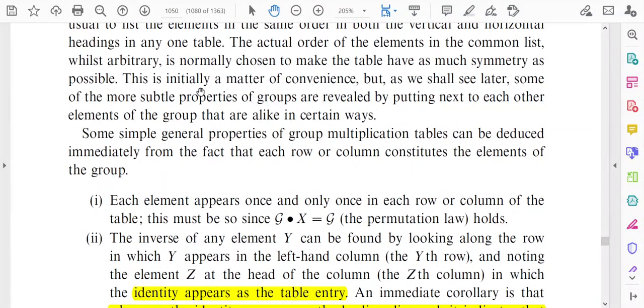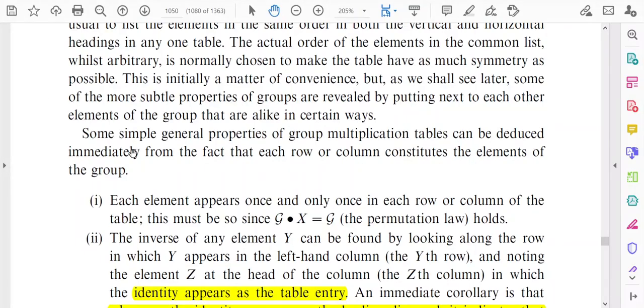This is initially a matter of convenience, but as you shall see later, some of the more subtle properties of the groups are revealed by putting next to each other elements of the group that are alike in certain ways. It means that although the elements can be expressed in arbitrary manner, sometimes this order should be maintained specifically, which I am going to discuss later in this discussion.